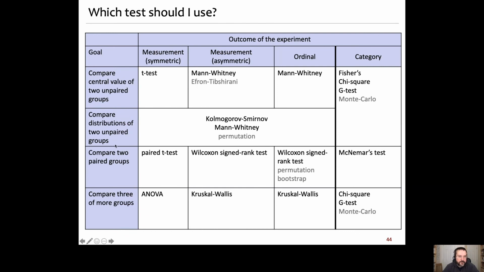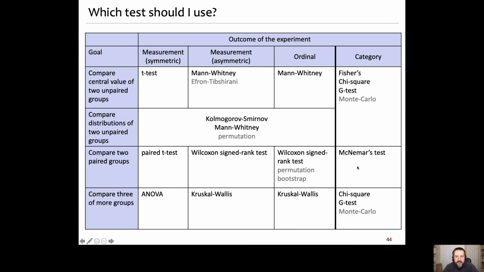When you compare distributions of 2 unpaired groups, you should use the Kolmogorov-Smirnov test, which is probably best, or Mann-Whitney. When you want to compare 2 paired groups, you use a paired t-test for normal data, and the Wilcoxon signed rank test for asymmetric, not normal data, and the same for ordinal data.